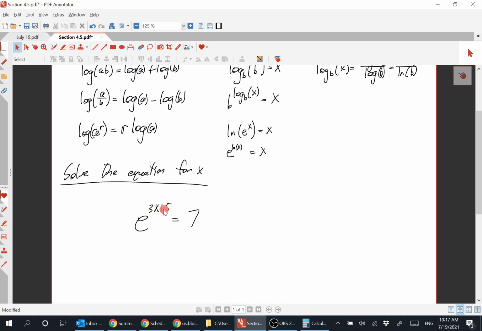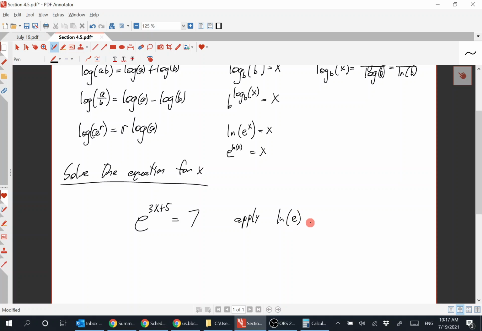If you want to solve for x, basically you have to get the x out of the exponent. To do that, you want to get rid of the e. So you apply whichever log function you want. Since it's got an e there, we'll use natural log.